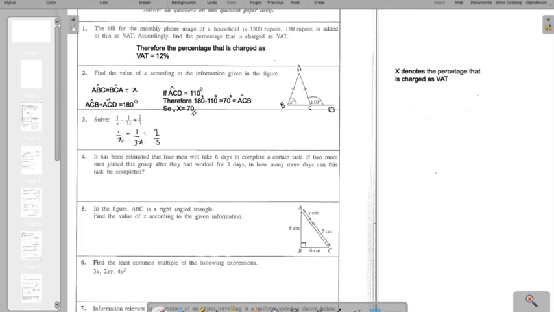Therefore, to have a common denominator, we can multiply this by 3. The reason why I multiply this by 3 is that this 3 and this 3 will be cancelled off. So therefore, it's basically 1. You're just multiplying it by 1.